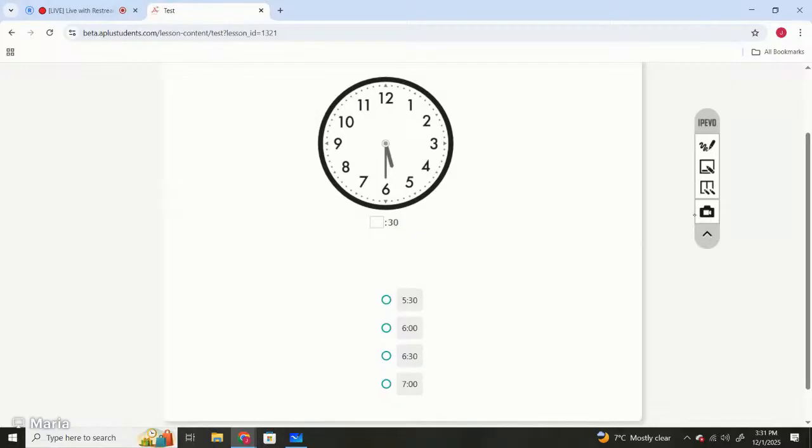The shorter hand is between 5 and 6, while the longer hand is pointing to 6, right? So that means it is 5 hours and 30 minutes.